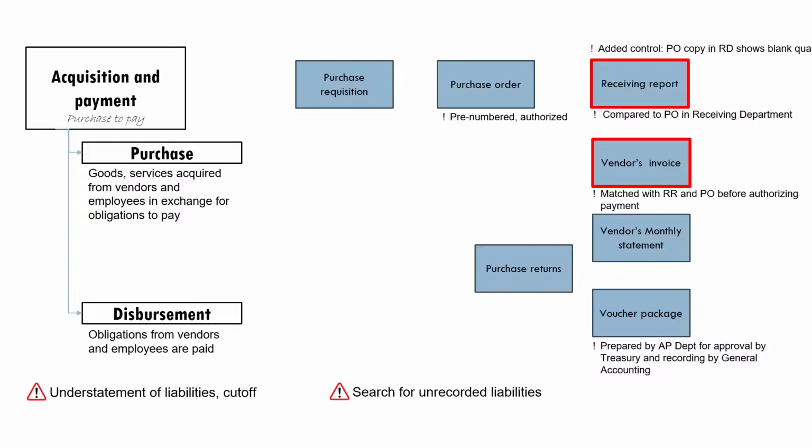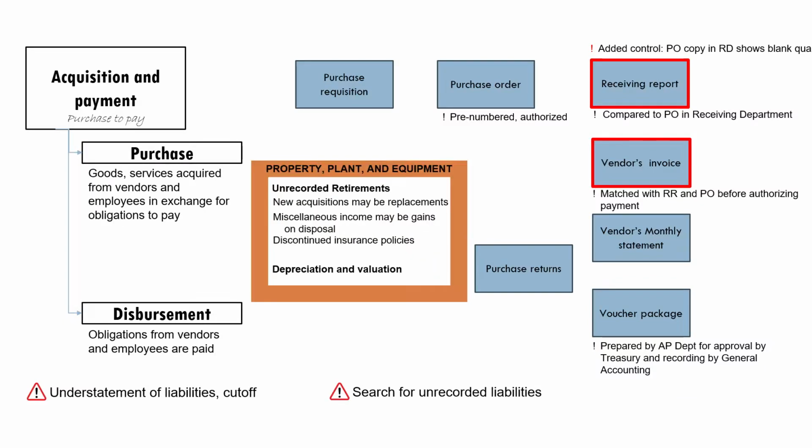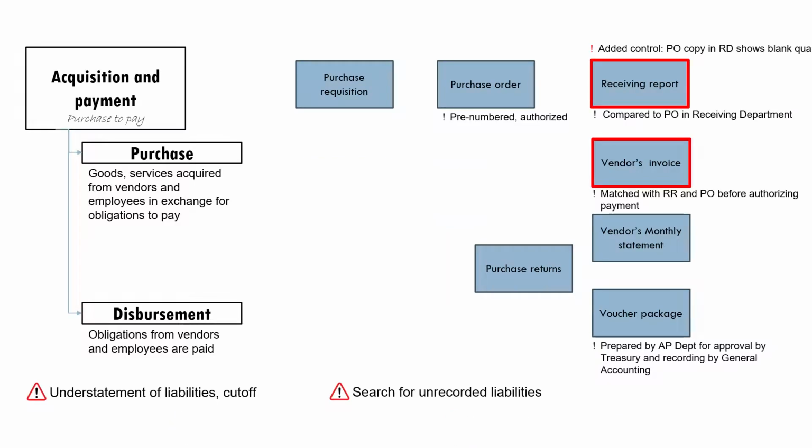Now, the testing for cutoff or the search for unrecorded liabilities is a test for understatements. Have you noticed? It's a test for understatements, thereby, it is a test for completeness. So, the main assertion being tested for cutoff testing and unrecorded liabilities is the assertion of completeness. Of course, included to that will be the assertion of cutoff.